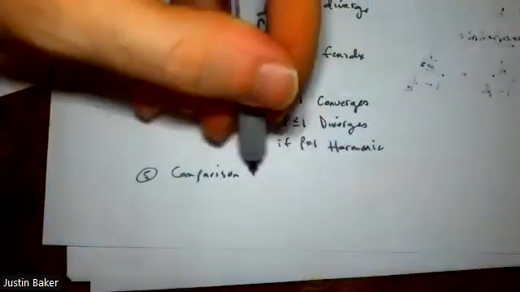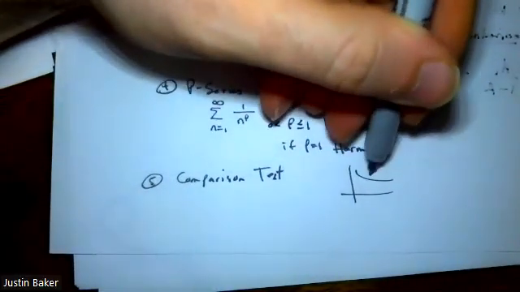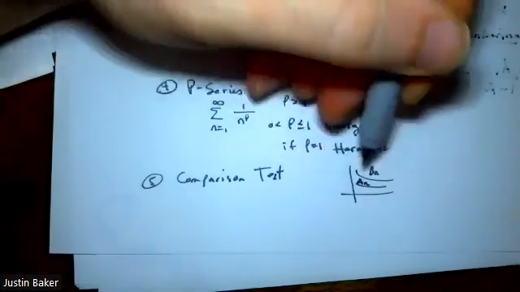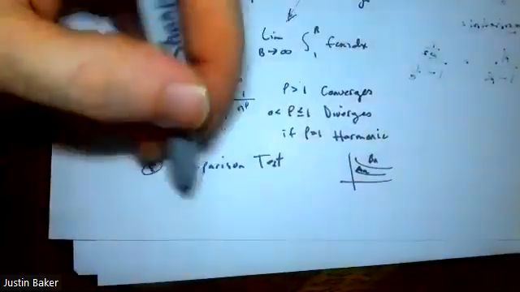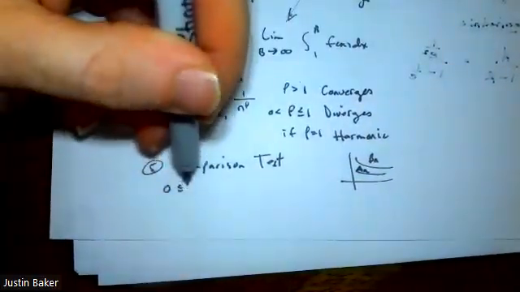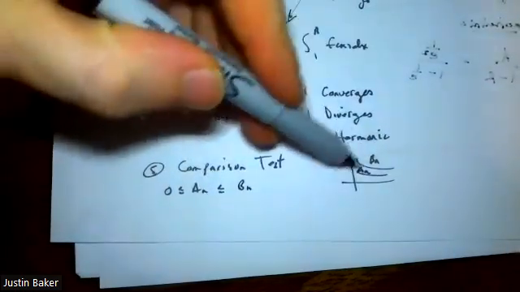And then after that, we looked at the comparison. The comparison test is whenever we want to think of this little picture with Bn and An. So if you have 0 less than or equal to An less than or equal to Bn, two things can happen.